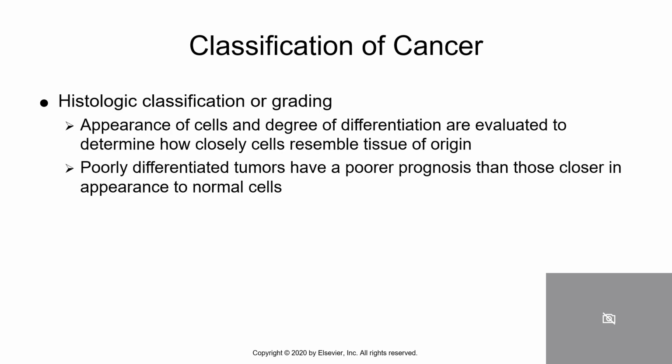In reference to the histologic classification or grading of tumors, the pathologist is looking at the appearance of the cells and the degree to which the cells are able to differentiate. How closely do those cells resemble what the normal tissue of origin looks like? If a tumor is very poorly differentiated, then we know that's going to have a poorer prognosis than one that looks more like the normal cells do.